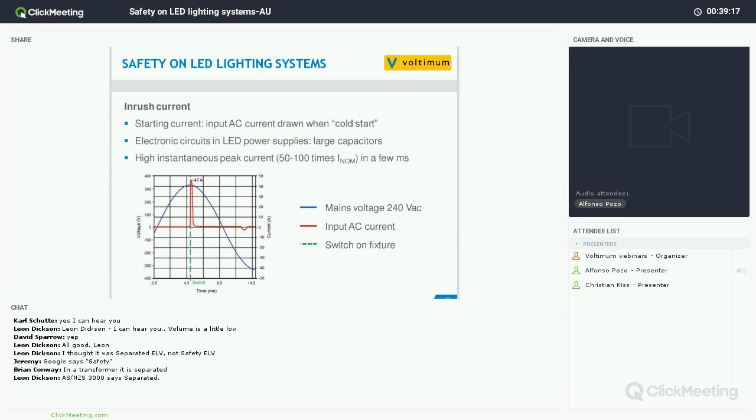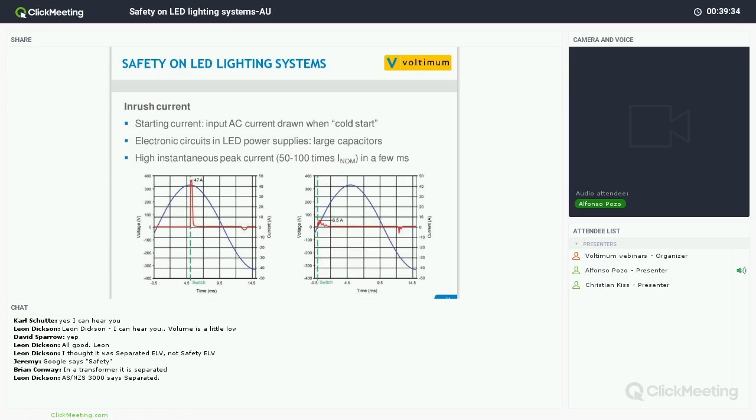So as you can see in the graph attached, the blue line refers to the mains voltage, and depending on the moment of the switching on, which is the green line, inrush current changes. As I show in this slide, there is a big difference in the inrush current depending on the moment. This graph shows, as an example, the difference in the inrush current of a 60-watt constant current LED driver when power is applied at the peak of the AC waveform and when power is applied at 0 volts.